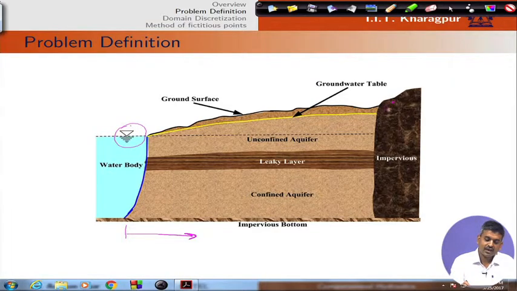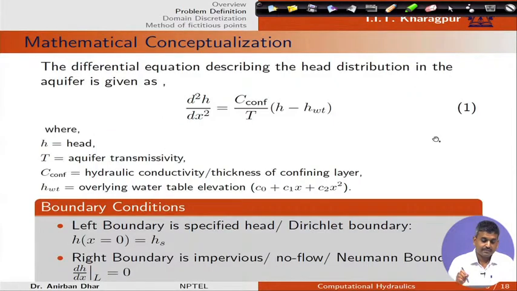On the right hand side, we have an impervious condition, which is zero flux or zero Neumann condition. With this information, we can proceed and mathematically conceptualize the problem using differential equation and boundary conditions.